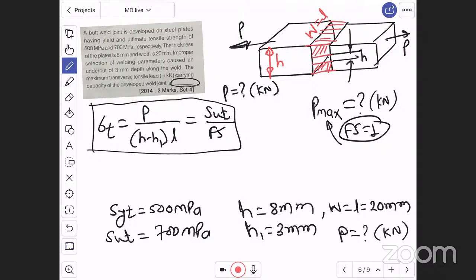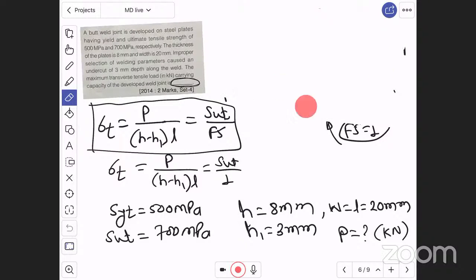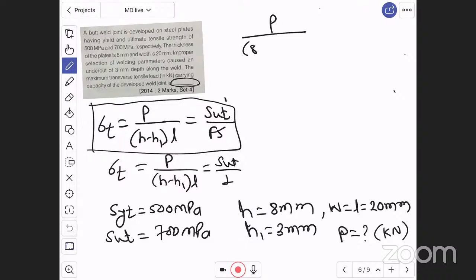Therefore, the equation becomes sigma T is equal to P divided by (H minus H1) into L is equal to SUT divided by 1. Now put the values from the given data. Therefore, P divided by (H is 8 minus H1 is 3) into length of weld 20 is equal to SUT, given 700, divided by 1.